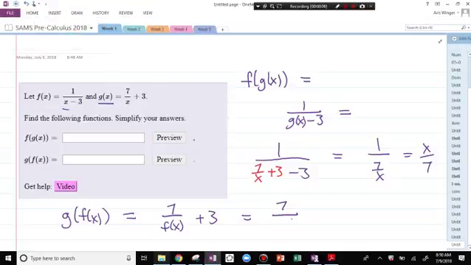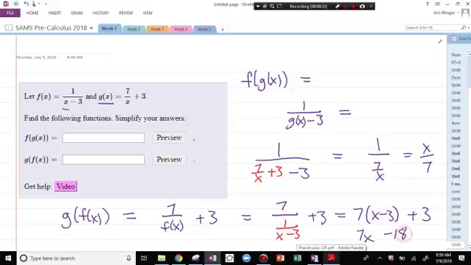We're plugging in 1 over x minus 3. We're about to flip that for sure. Plus 3, right? 7 times x minus 3 plus 3, and we'll simplify as needed. 7x minus 21 plus 3, right? 7x minus 18.